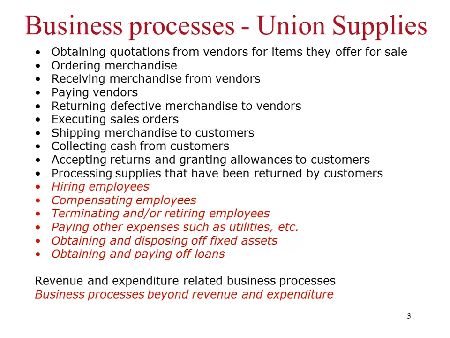What is new here is the payroll cycle, so you need to hire employees, pay employees, and terminate their jobs, sooner or later. Then you have other things. You have to pay utilities, acquire and dispose of fixed assets, and you also have loans.